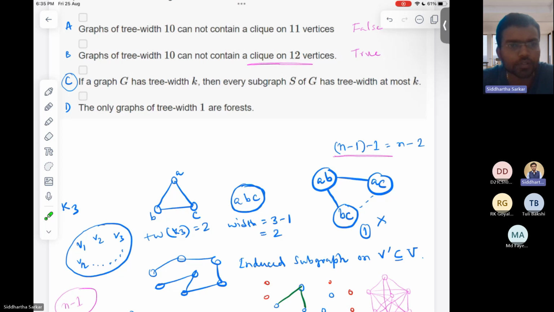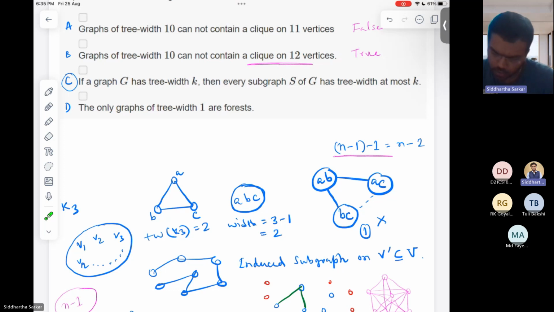Let's see some images. Correct, so you can treat vertices and edges both as well.